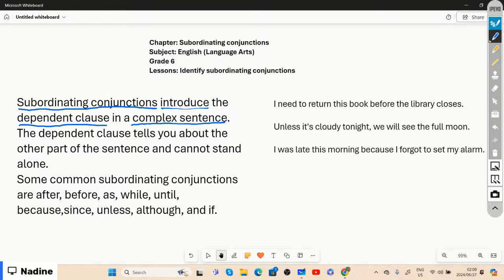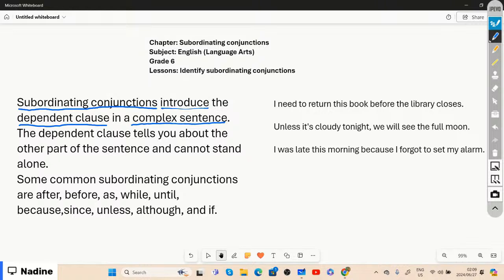And remember, there are different types of sentences, right? We have a dependent clause as well as an independent clause. An independent clause can stand on its own, and usually to join clauses, if you want it to be a compound sentence, then we use a coordinating conjunction.